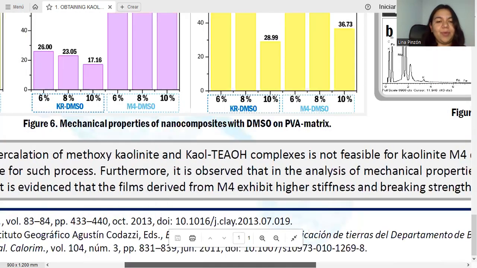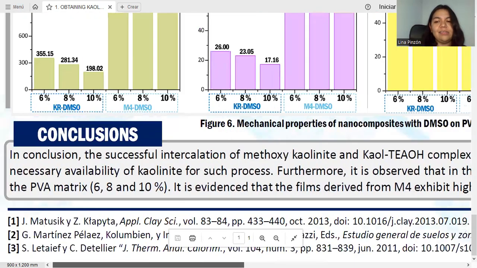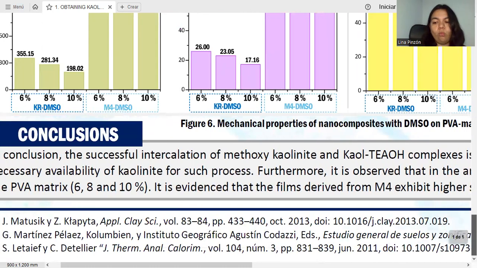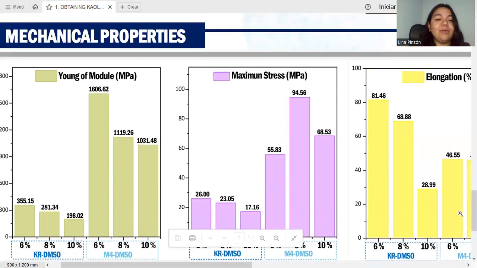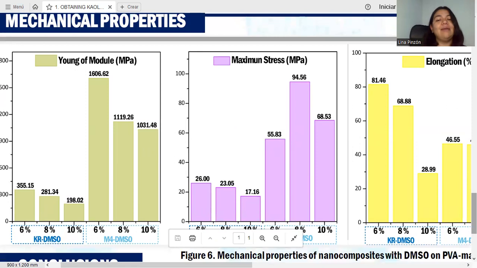Finally, mechanical properties. In the evaluation of these properties, progress was made with the nanocomposites with DMSO, and remarkable results were obtained with the presence of 6, 8, and 10%.